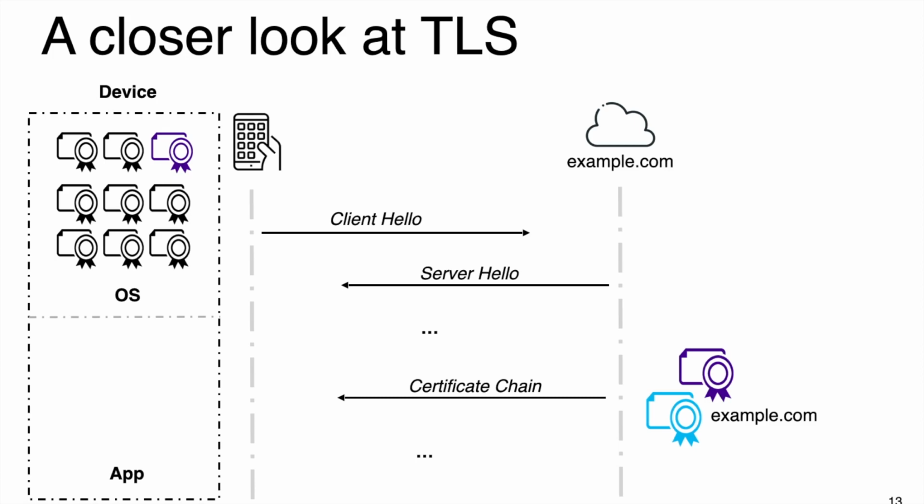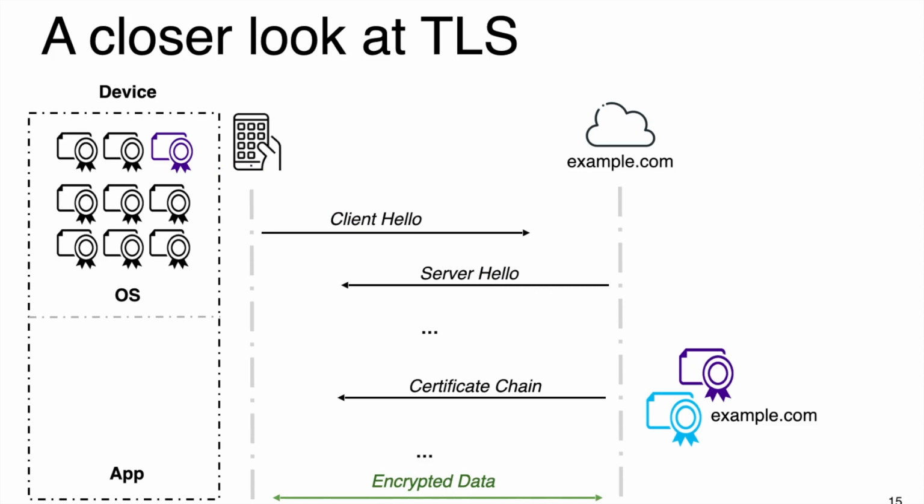This store is provided by the operating system of mobile devices. So as long as the root certificate received by the app matches at least one of the certificates in this OS certificate store, the certificate validation can pass. If all checks go well, a secure communication channel is established between the app and server.